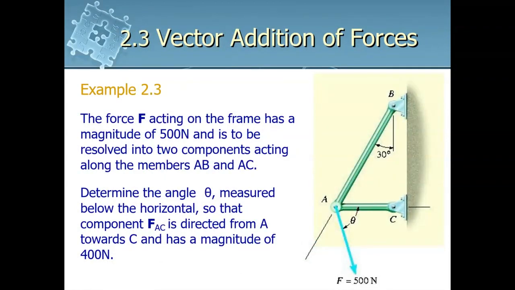The next example we have is a bracket with two links fitted to the wall, and you apply a force of 500 Newton at point A. The question is, what is the angle theta measured below the horizontal line such that FAC is directed from A towards C, and the magnitude is 400 Newton. Okay, so let's try this one.